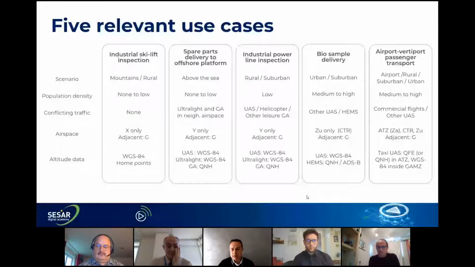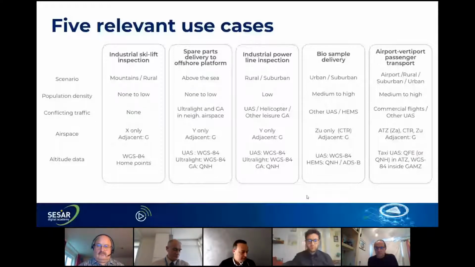And in the final use case, we will present an airport vertiport passenger transfer. In these particular use cases, different airspaces will be encountered by the drone taxi, and we will also present our proposal of geometric altitude mandatory zones that Corrado mentioned, and all the requirements and capabilities that these drones must have to enter these new zones.